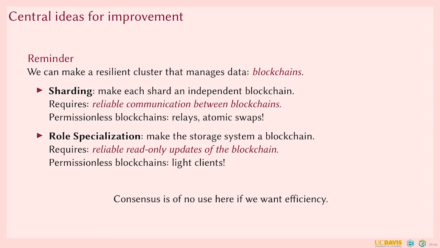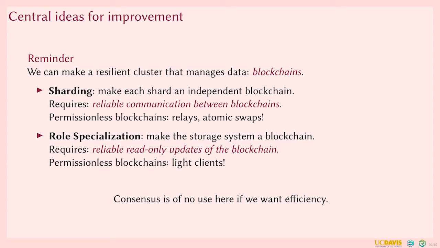And for role specialization, we can do a similar thing. We can make the storage system that manages the data a blockchain, whereas all the analytics is done by independent systems. And in that case, we need a reliable read-only way to send updates of the blockchain to these read-only workloads. And all these techniques have parallels in permissionless blockchains.